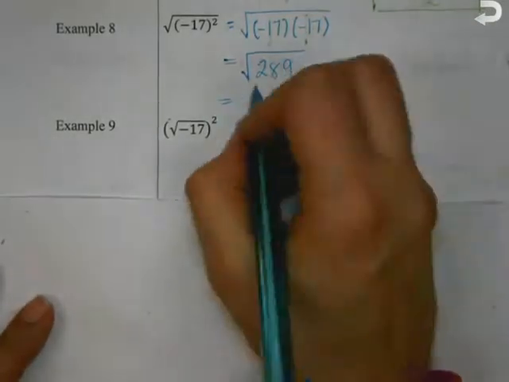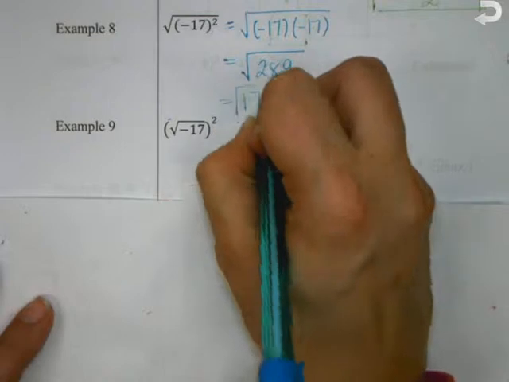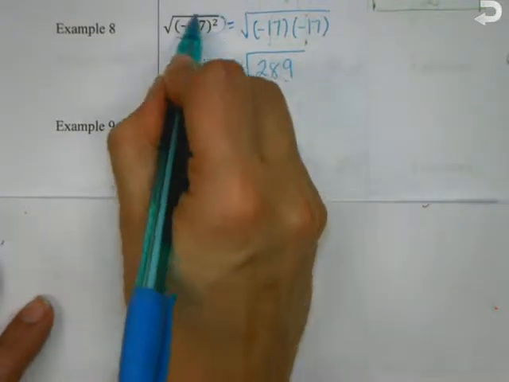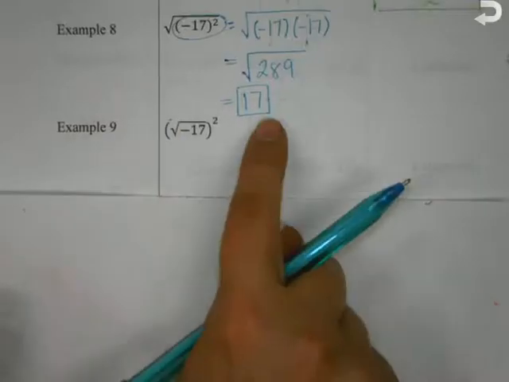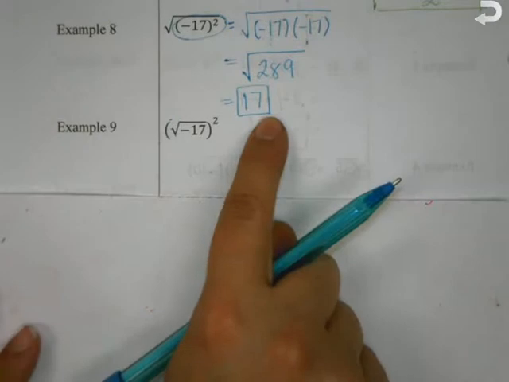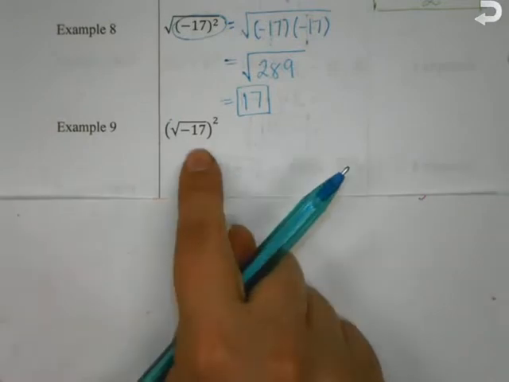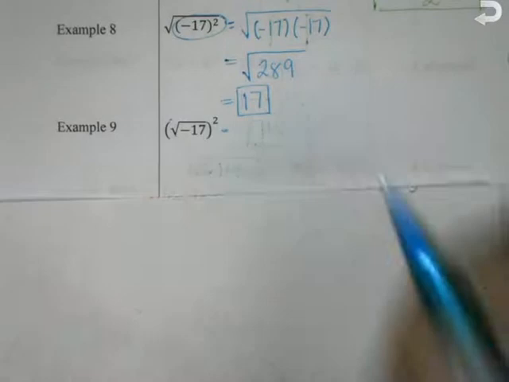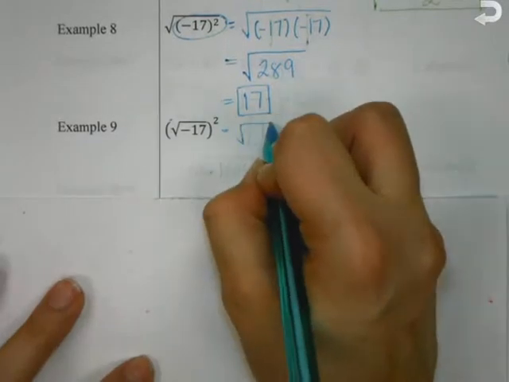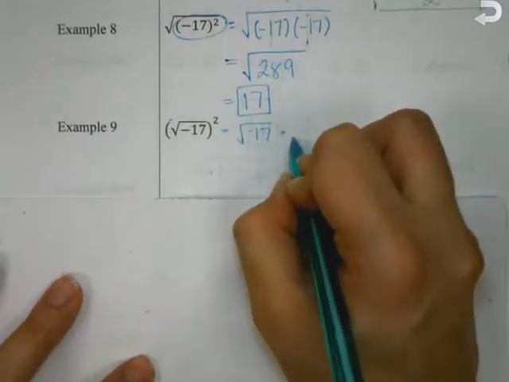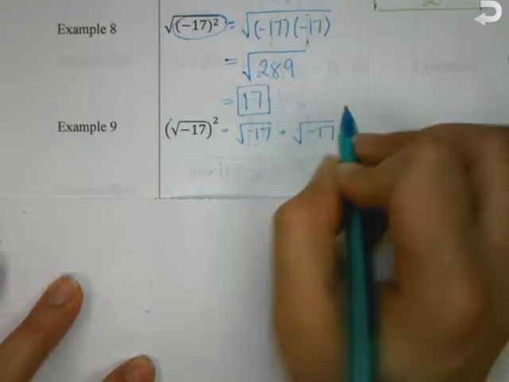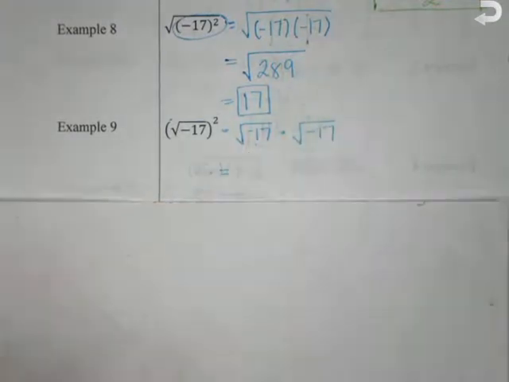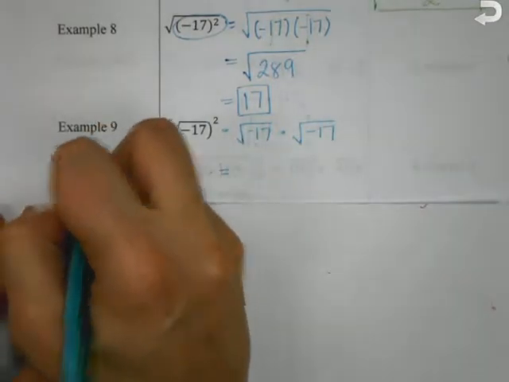What happens if the whole thing is being squared? This is the same as root -17 times root -17. Now, because technically a square root is an exponent to the 1/2, which we will get to and learn about some more, these two are actually the same thing.